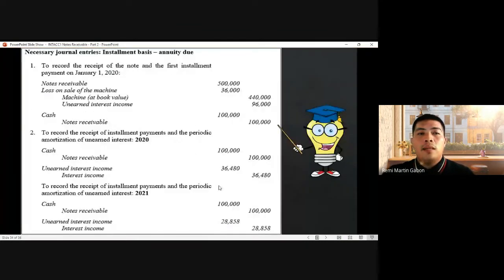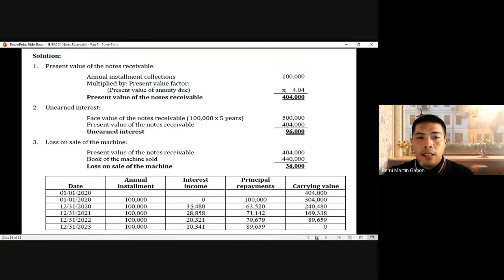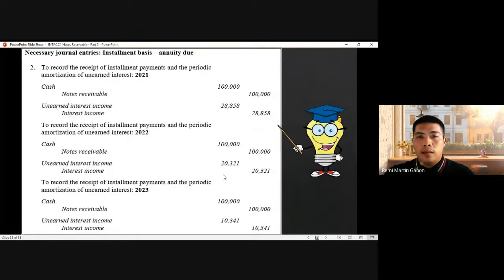So for 2020, you have 36,480. 2021, we have 28,858. Then for 2022, we have 20,321. And 2023, 10,341.